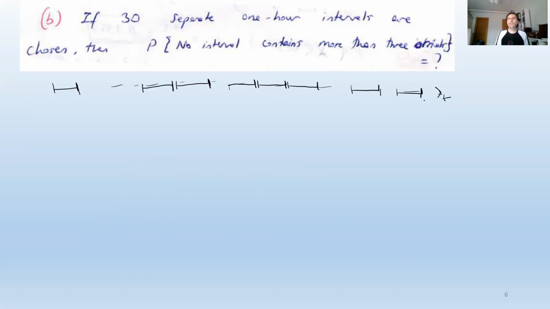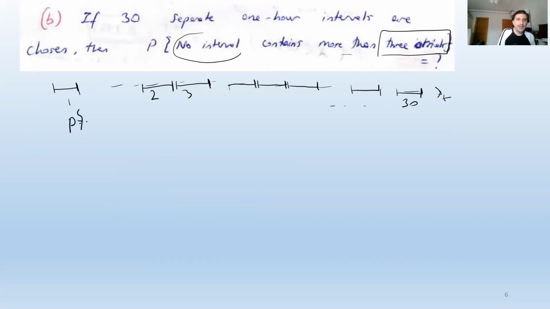As long as they do not overlap, they are going to be independent. If 30 of these are chosen, what's the probability that no interval contains more than 3 arrivals?